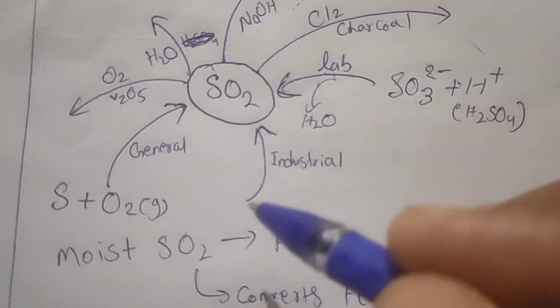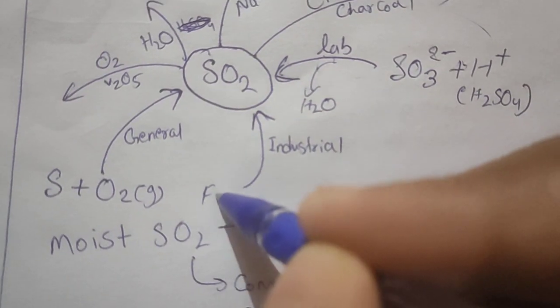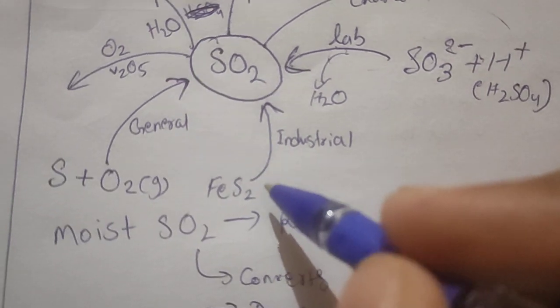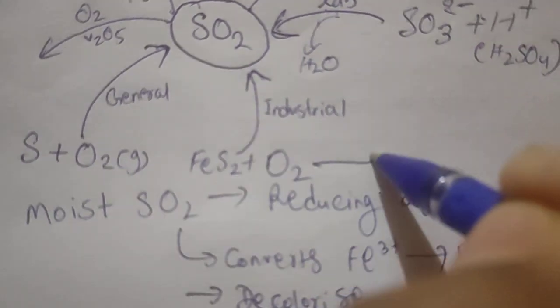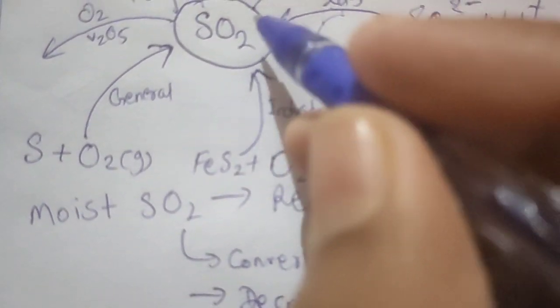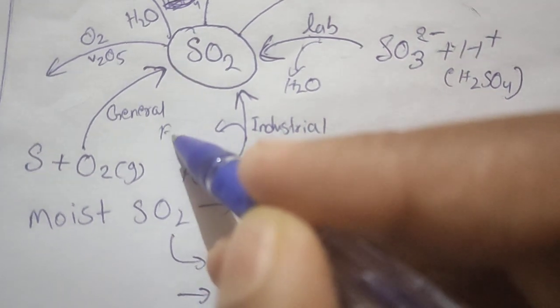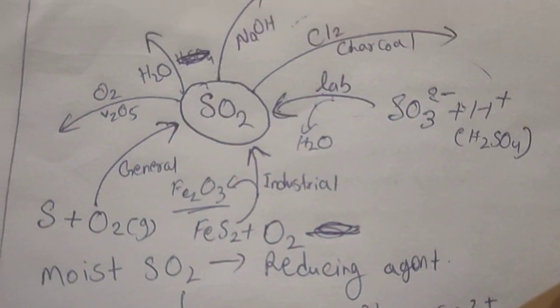Like when you do roasting, suppose FeS2 is a sulfide ore. Now you just roast it with oxygen, so you get SO2, and Fe2O3 as a byproduct.